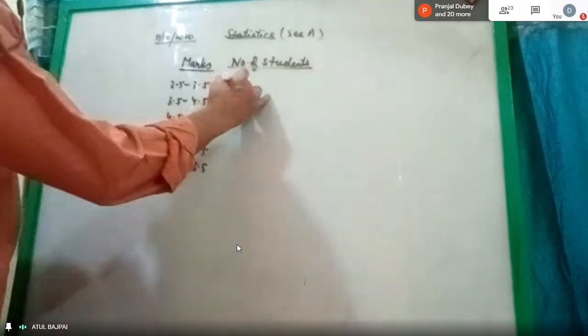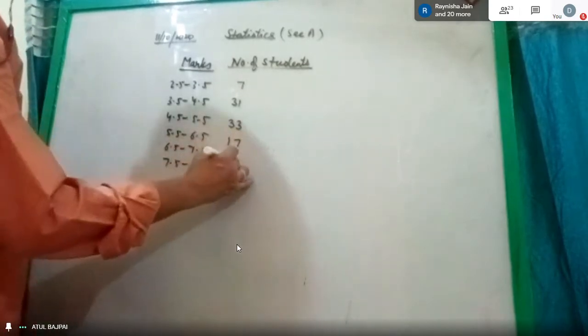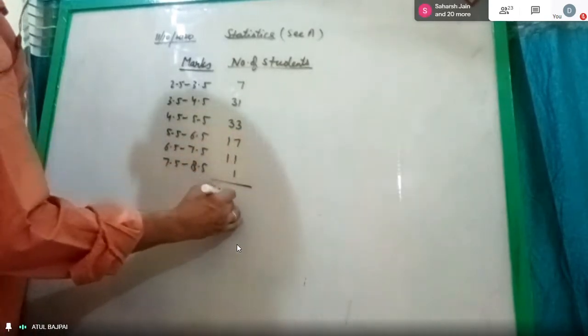And the number of students are 7, 31, 33, 17, 11, 1. Find sigma f, and then find the cumulative frequency. Two tables to be done. Sigma f is 100.